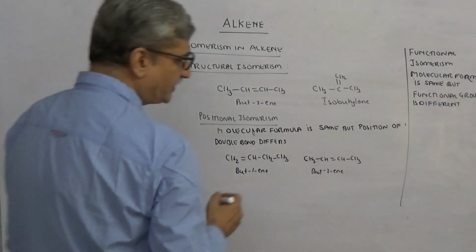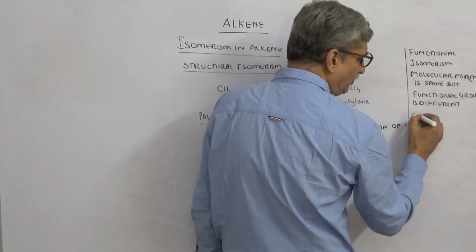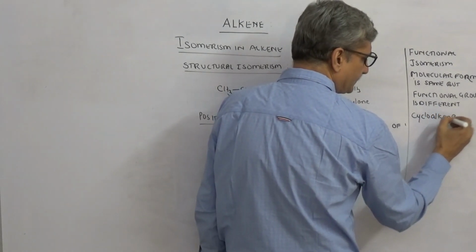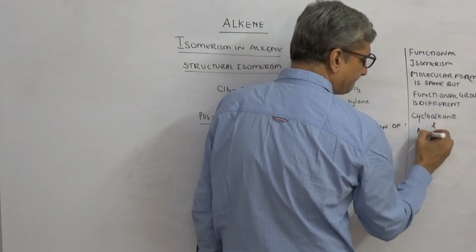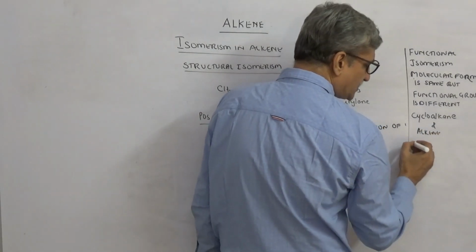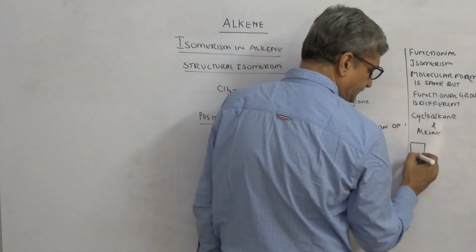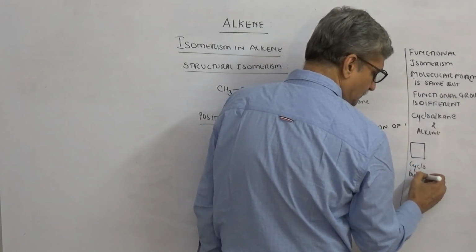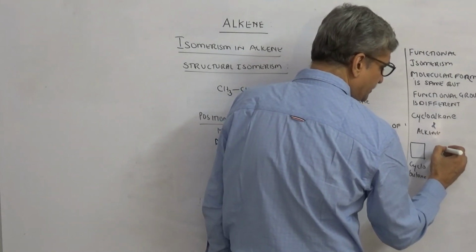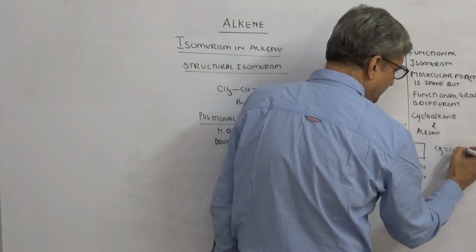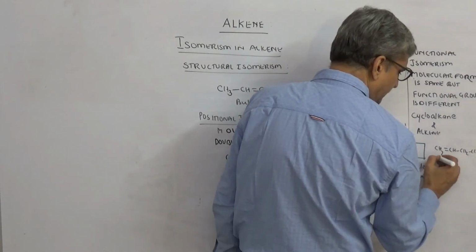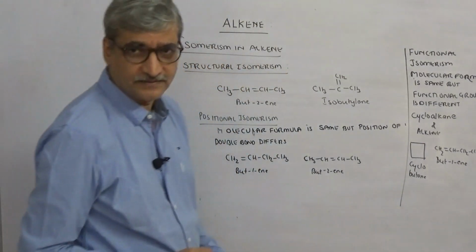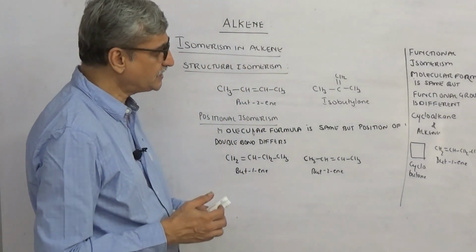So we would have over here cycloalkane and alkene. So cyclobutane is an isomer of butene, CH2 double bond CH, CH2 CH3. This is but-1-ene or but-2-ene. So you can see cycloalkane is a functional isomer.